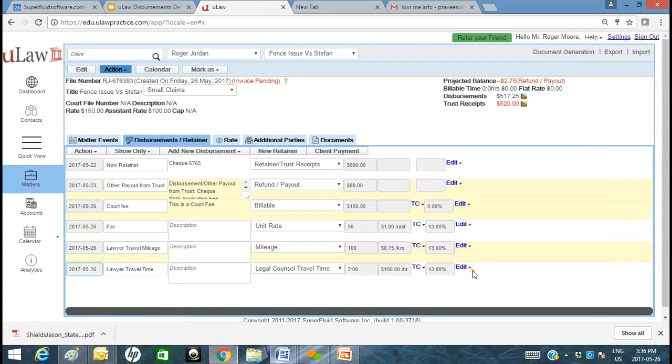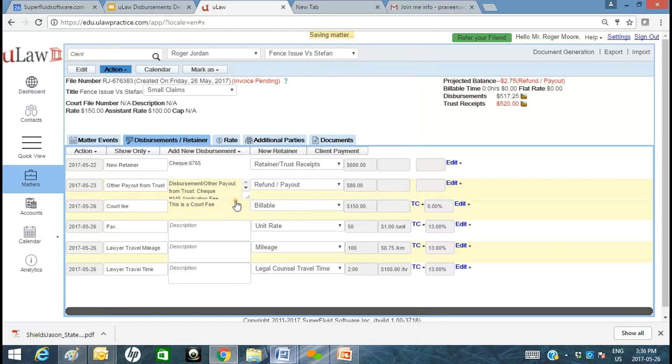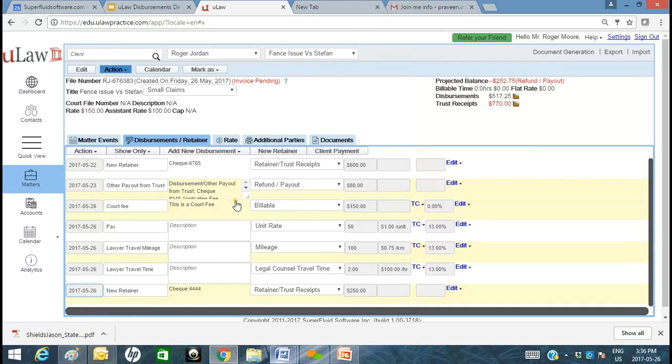Okay. Let's get a top up on our retainer. And let's roll. Now let me look at the last two examples of the type of disbursements that I want to showcase so that you truly understand the whole 9 yards of how this works.